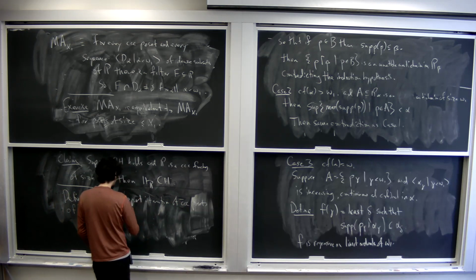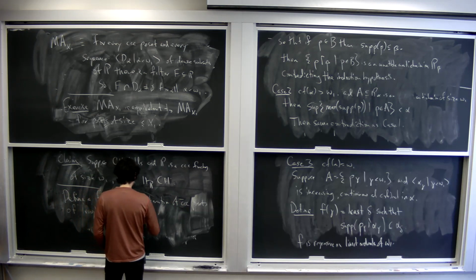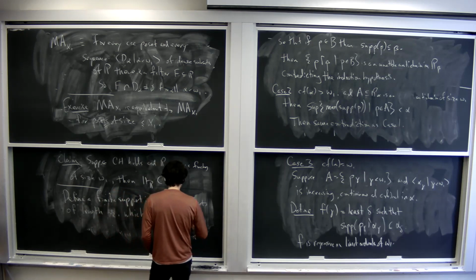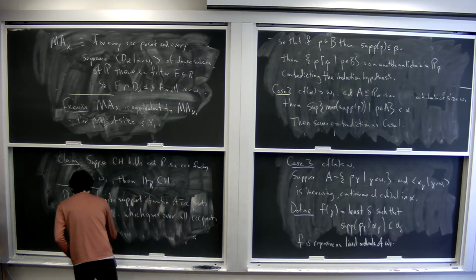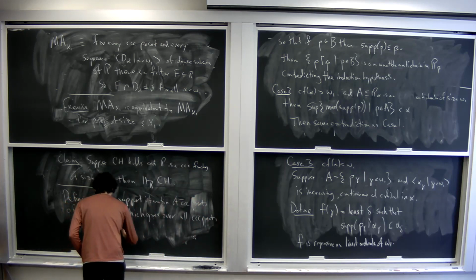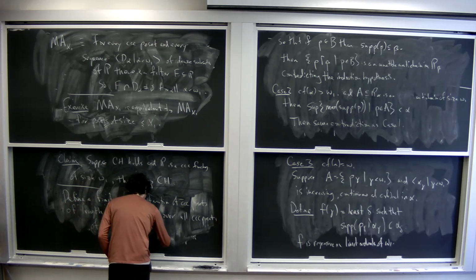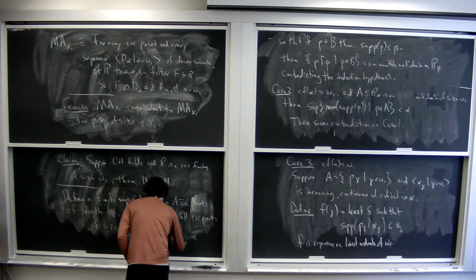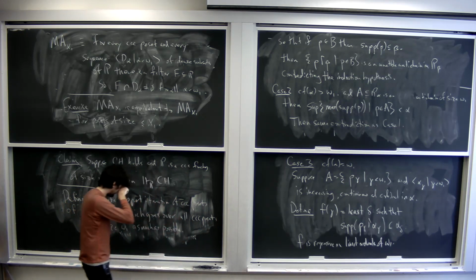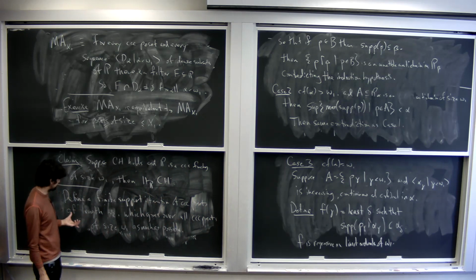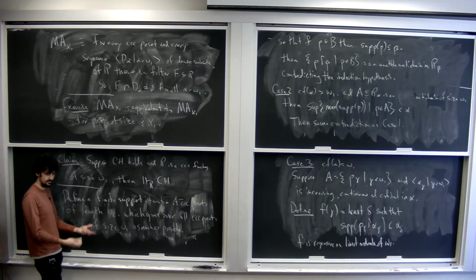Which at this late stage in the day, we'll just say goes over all CCC posets of size omega 1, as much as possible. So the final thing you need to do in the construction of the iteration is specify what the Q betas are.